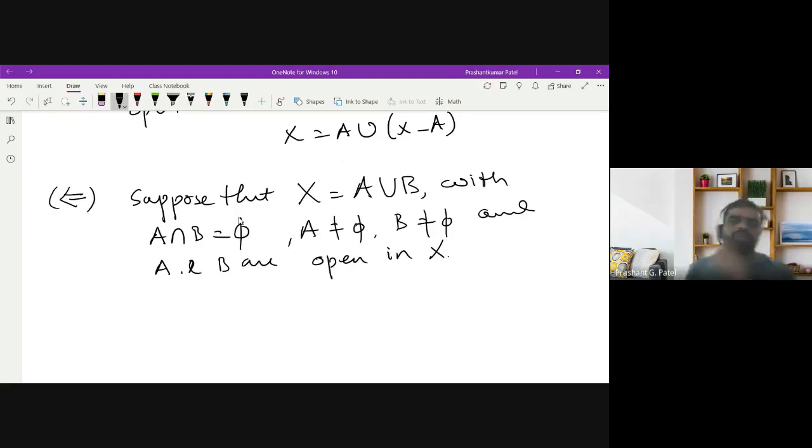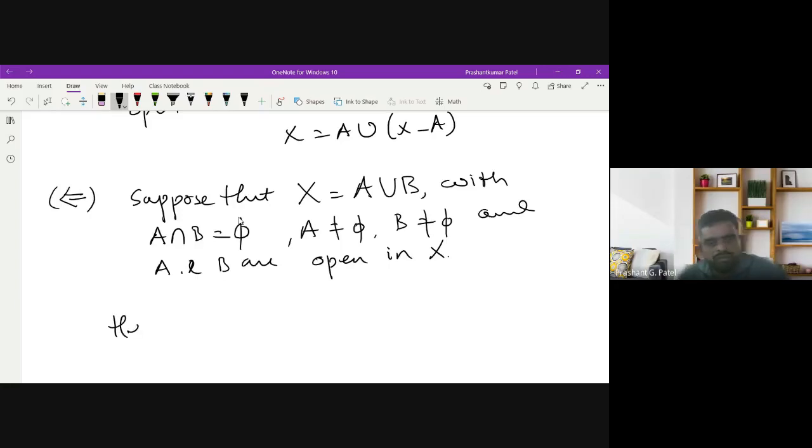That means X can be represented as a disjoint union of disjoint open subsets of X. Now we have to prove that X is disconnected. To prove that X is disconnected, we have to show that it has a separation.